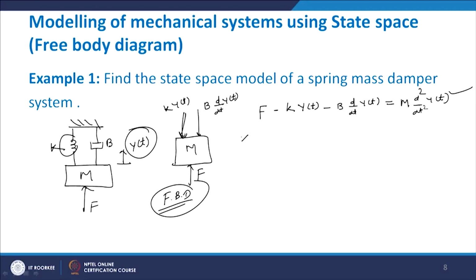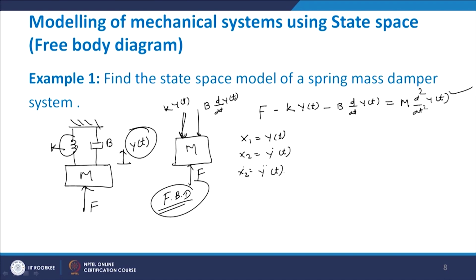We write state x1 equal to y of t. Then another state x2 we write as y dot of t, and this x2 dot equal to y double dot of t.